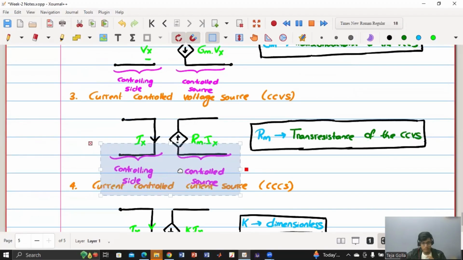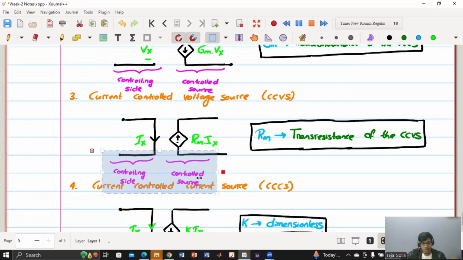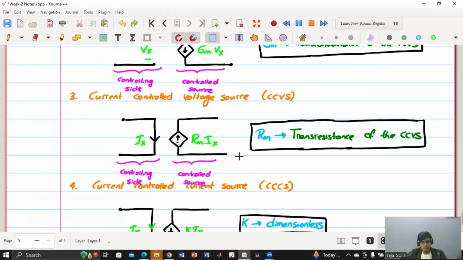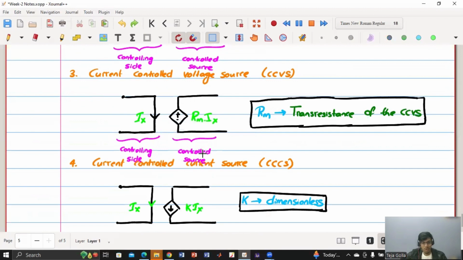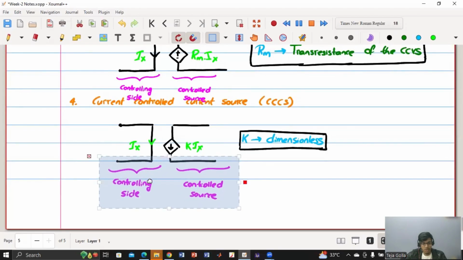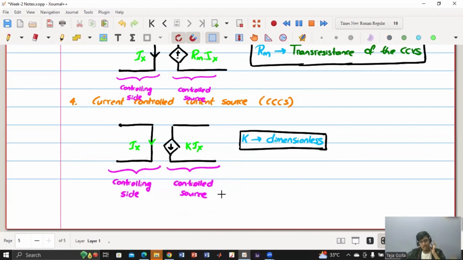Here again we have the controlling side and the controlled source. It is a current source, and this is getting controlled and this is controlling that, so it is a current controlled current source.